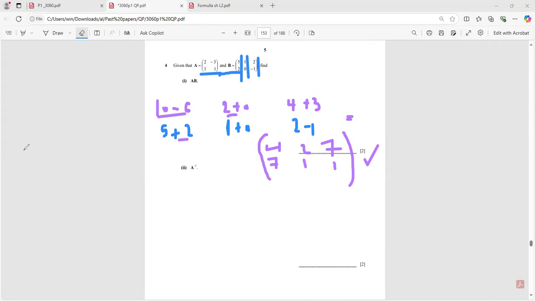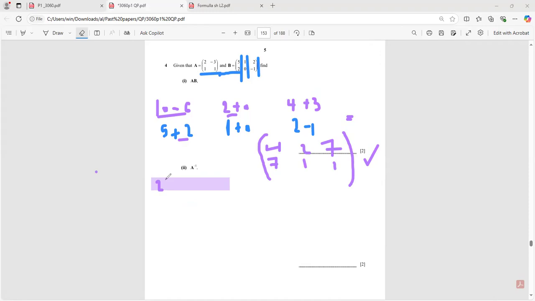First step, we have to get the determinant of A, which will be equal to 2 times 1 minus negative 3 times 1, which is negative 3.